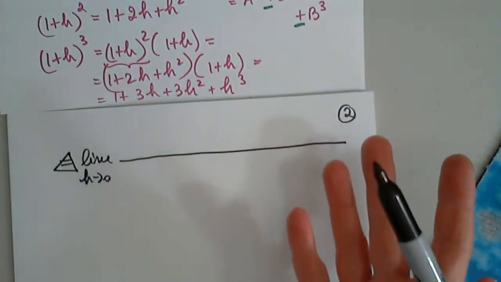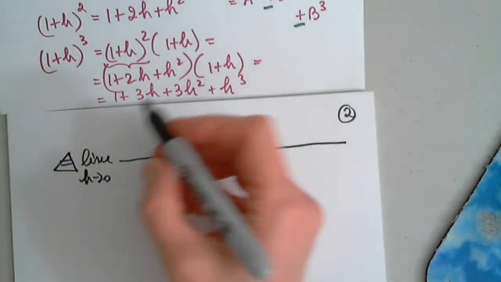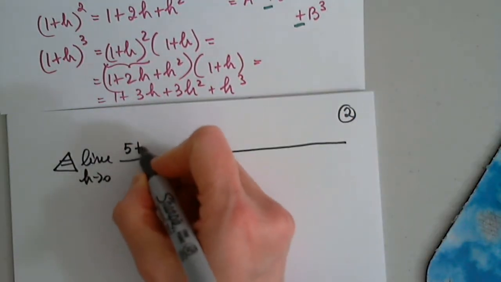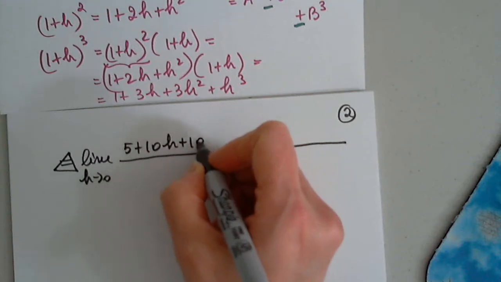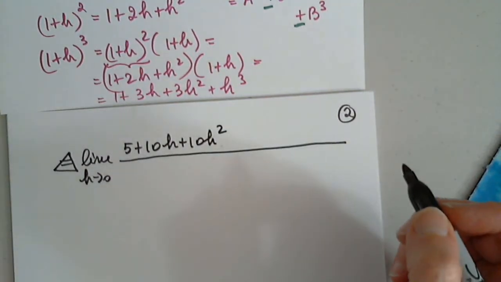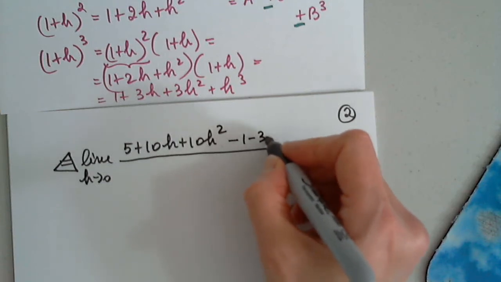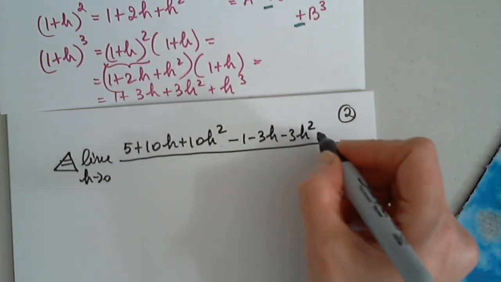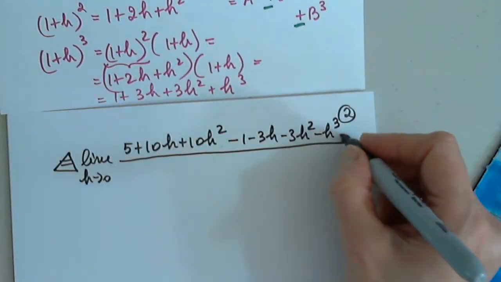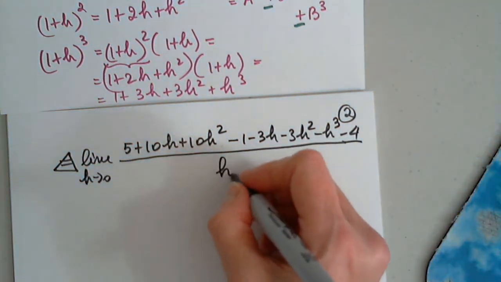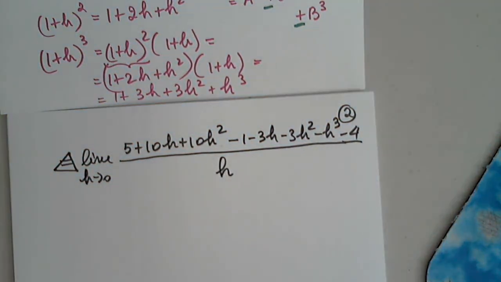And you will see me running out of room, I'm pretty sure, in a moment. So 5 plus 10h plus 10h squared. And then minus 1 minus 3h minus 3h squared minus h cubed minus 4. Almost. Almost.